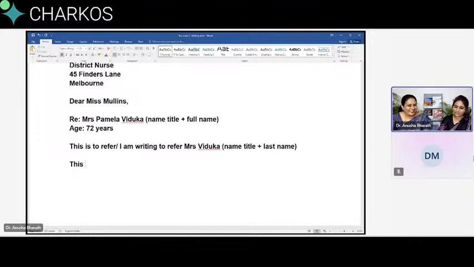So, as ma'am said, this is to refer Mrs. Viduka, comma. Punctuation is important. This is to refer Mrs. Viduka, comma. Now, we understand that the patient is recovering well after the surgery. So, what would you suggest that we write?